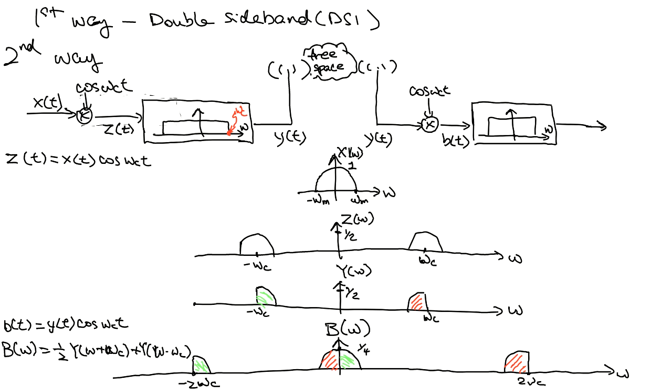Of course, at the receiver, this time you have a filter with amplitude 4, then you get back your x of t.